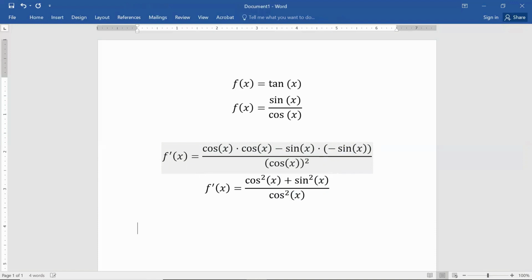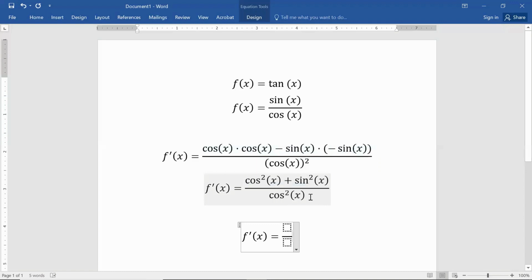You'll notice that cosine squared plus sine squared is what I call the unit circle identity.